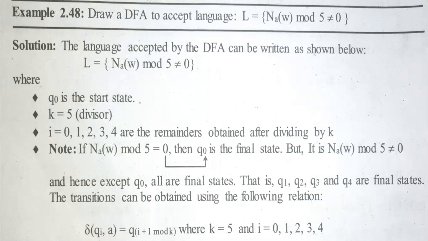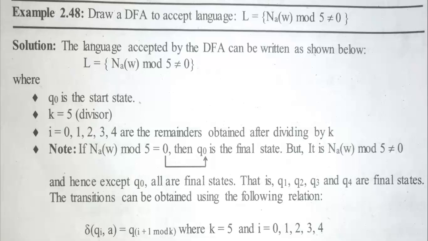Here they are trying to explain something. Just observe. It is not the condition which is mentioned in your question. It is different. If number of A's under W mod 5 is equal to 0, then Q0 is the final state, right? In the previous slide, while deciding the final state, the J value, whatever we are having, that should be considered as a final state. But here, in the place of J, before that, the assignment operator is very important.